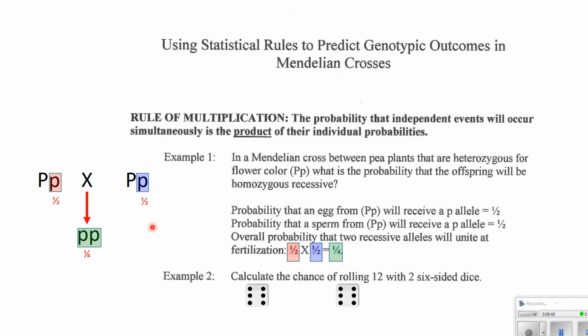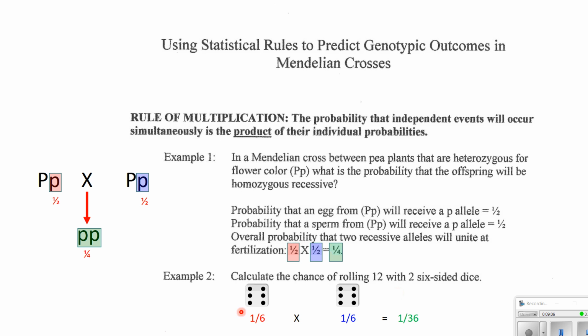And it's very easy to calculate that. The only way to get a 12 is to roll the dice and come up 6 and 6. That's the only combination that adds up to 12. The probability of getting a 6 on the first die is 1 out of 6, because it's a 6-sided die. The probability of getting a 6 on the second die is also 1 out of 6.